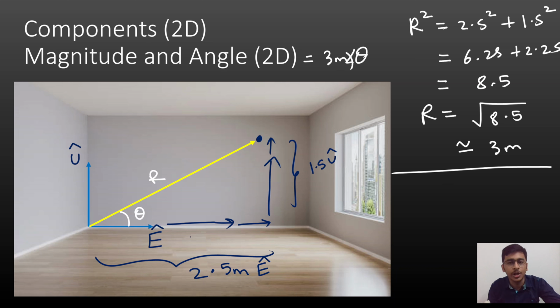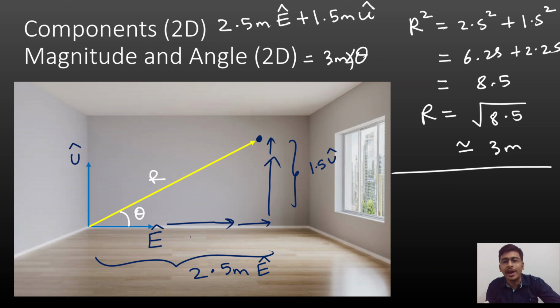This is the magnitude angle form. Or I can say in component form that you go 2.5 meters in the e cap, east direction, and 1.5 meters in the u cap, up direction. So this is the component form and this is the magnitude angle form.